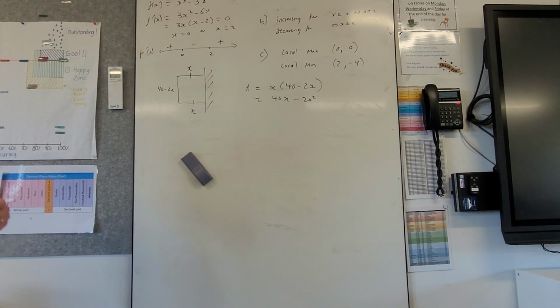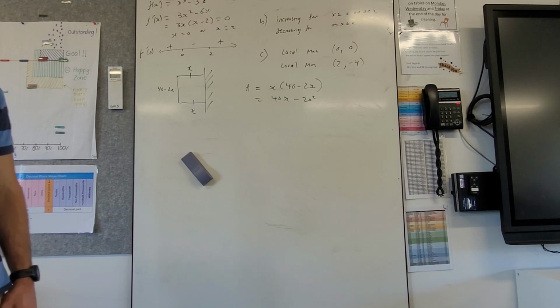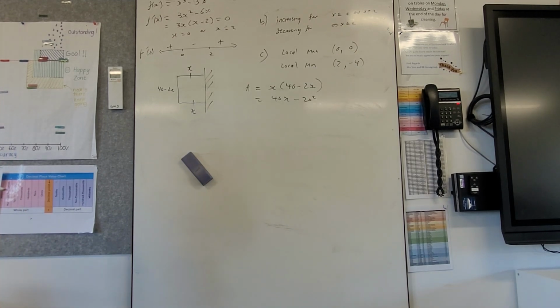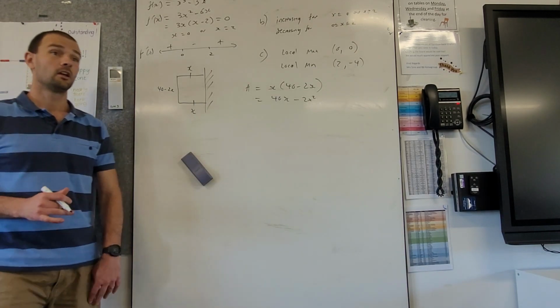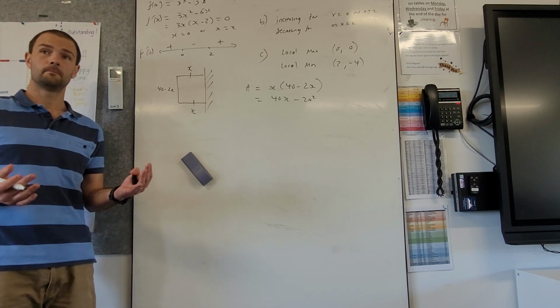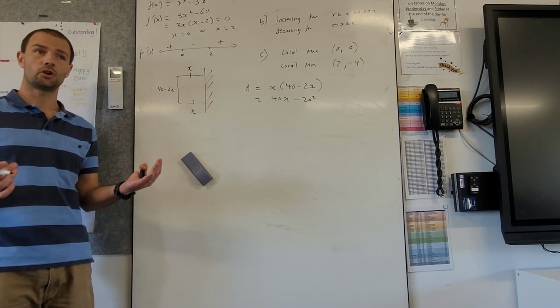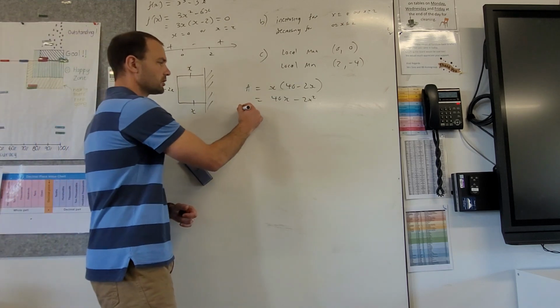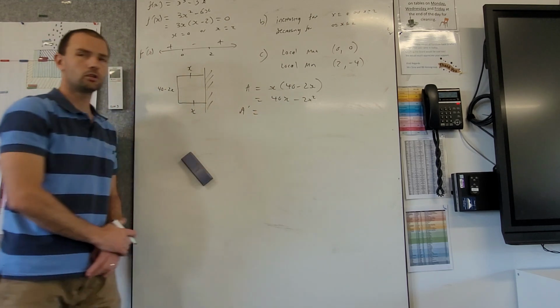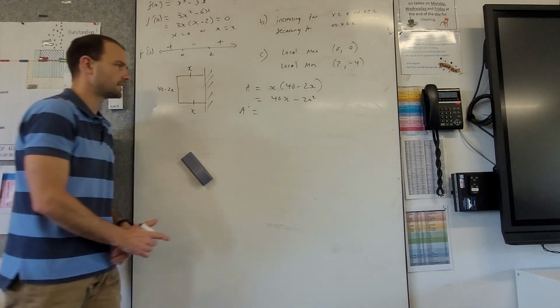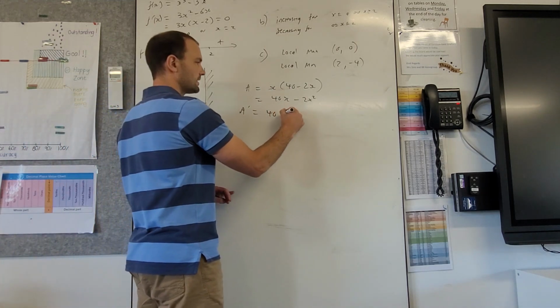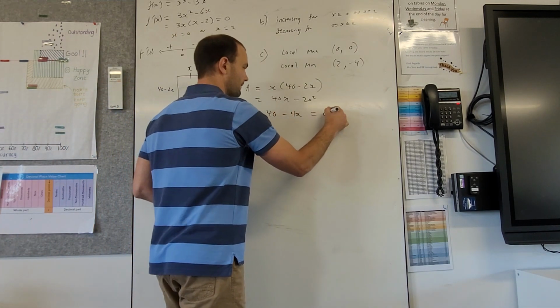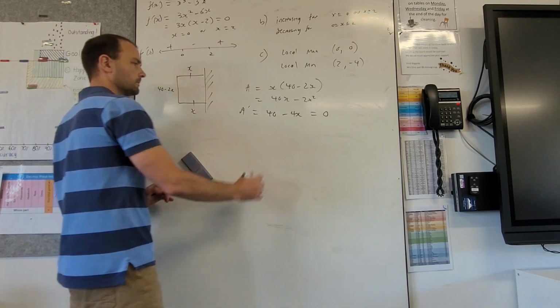Okay, find the dimensions of the garden for maximum area using calculus techniques. Okay, maximum means turning point, means derivative equals 0. So all we're doing is finding the derivative function, A dash of x, or A dash, 40 take 4x, and we're finding when it equals 0.